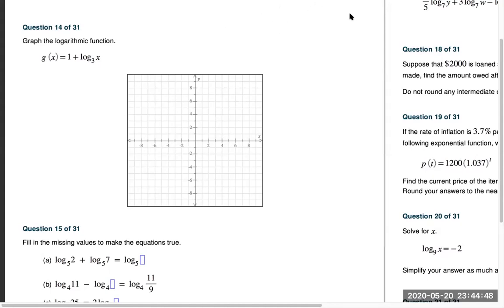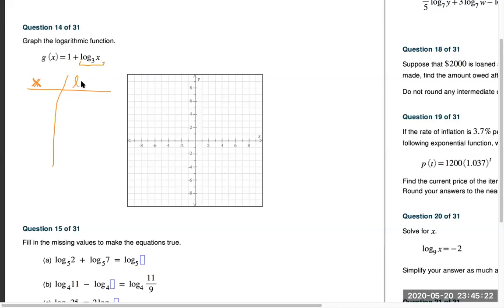The first thing I just want to start with is this portion. We're not going to plot g of x yet.